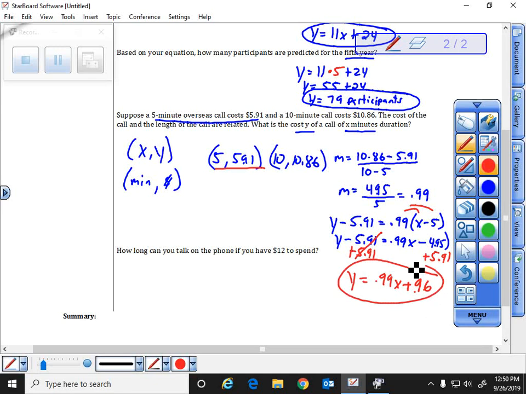Okay, there's your equation. And then we will be putting in how long can you talk if you have $12 to spend. Now keeping in mind the y value is your 12. So it'll be 12 equals 0.99x plus 0.96. Solve for x.